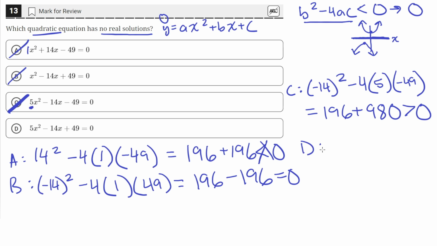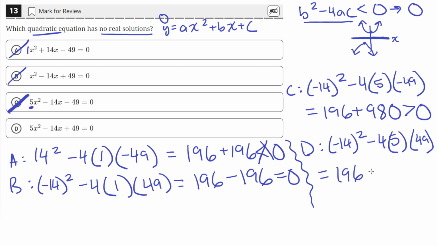So that means D probably has a negative discriminant, but let's just check. So b squared will be negative 14 squared again, minus 4 times 5 times 49. So this gives us 196 minus 980, since there's only one negative here.